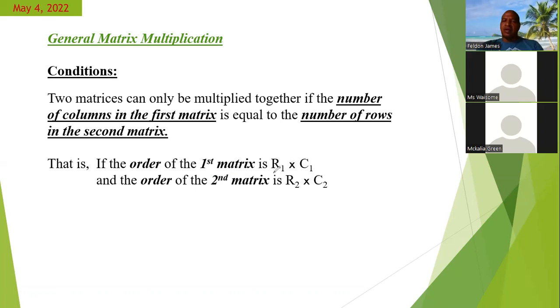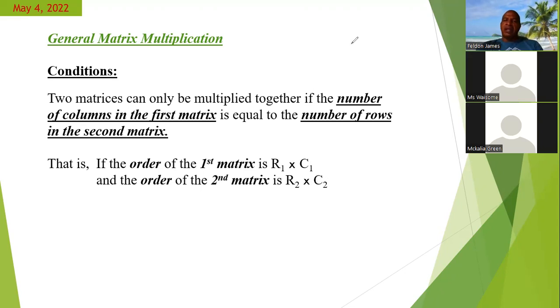The value of R gives you the number of rows, and the value of C gives you the number of columns. So that's the order. The first matrix has order R1 times C1, and the second matrix has order R2 times C2.